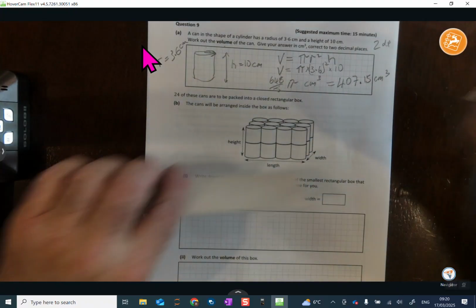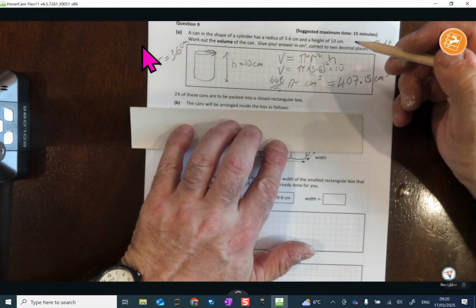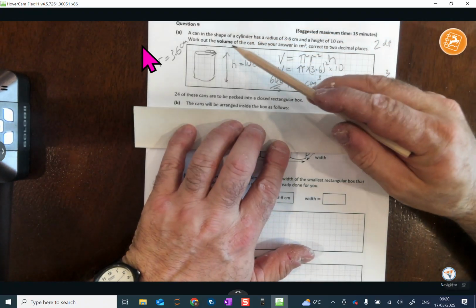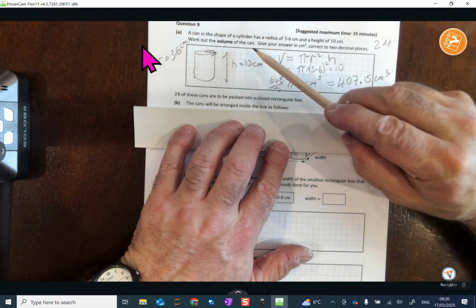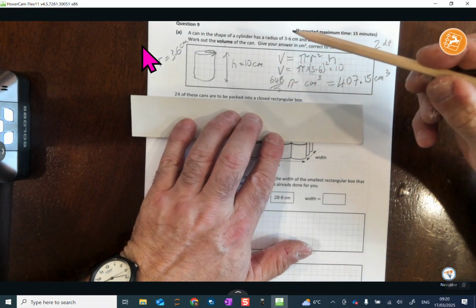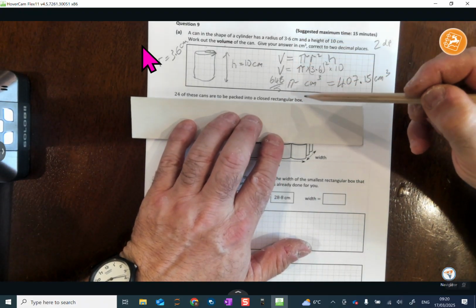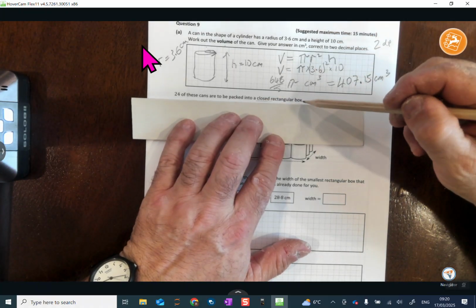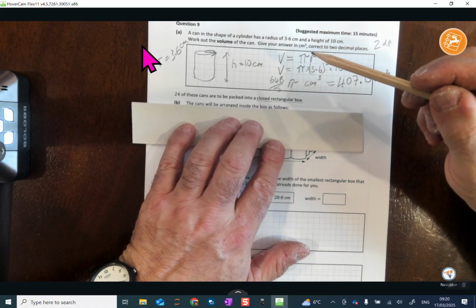Okay. So the cans can be arranged inside some box. "24 of these cans can be packed into a closed rectangular box." Okay, so the top and bottom of the box, they might be asking us a net question on the box later on.